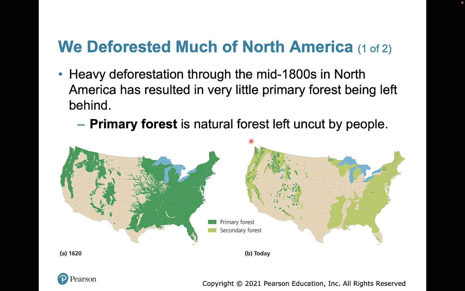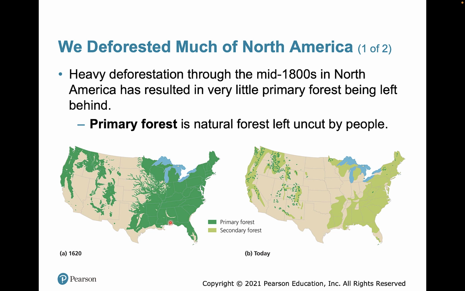So if we talk about North America in particular, 1620, Pilgrim times, you can see the two different colors here, primary forest and secondary forest. So this is like the native, untouched, natural forest, right? In 1620, all of the forest in the United States was primary forest, okay?